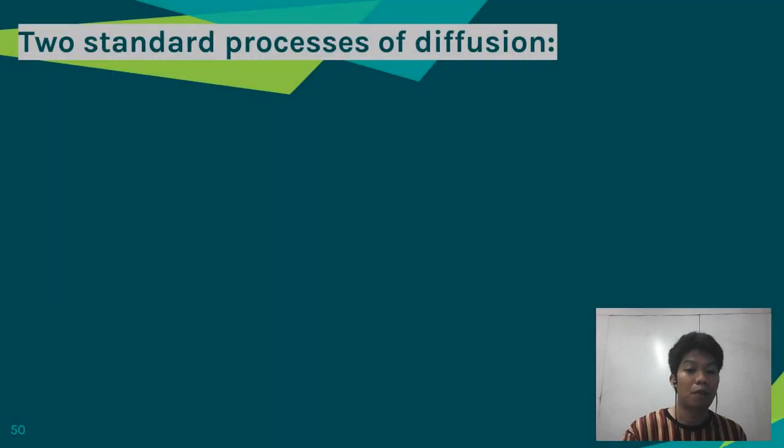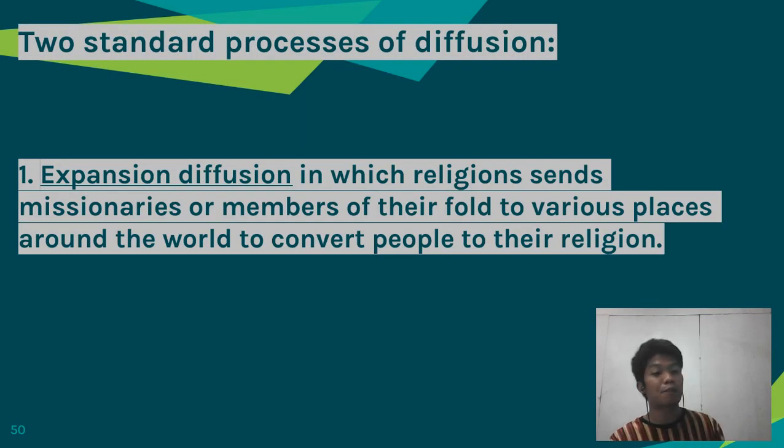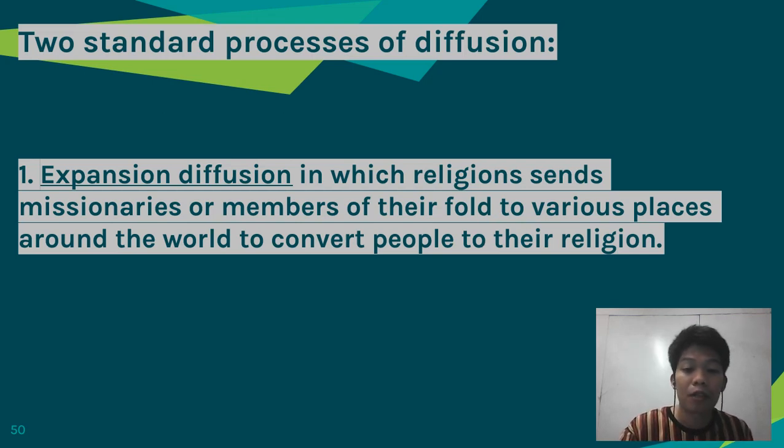So, two standard processes of diffusion. Expansion diffusion, in which religions send missionaries or members of their fold to various places around the world to convert people to their religion, which means sending off missionaries to spread the religion. For example, the Christian missionaries, what they did in the Philippines.